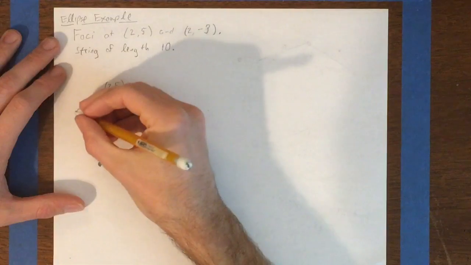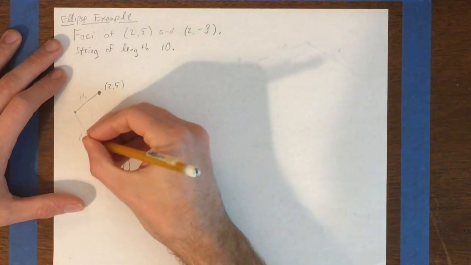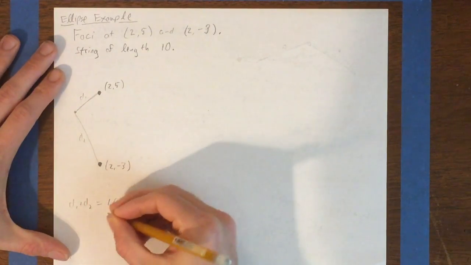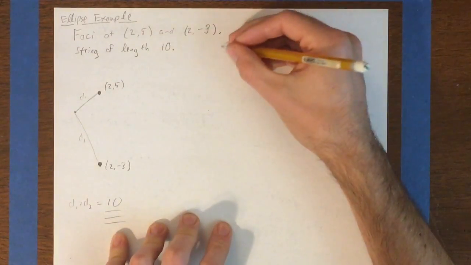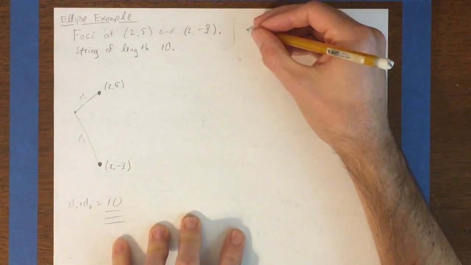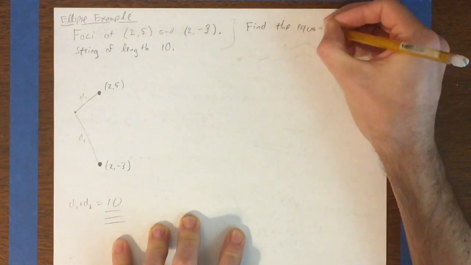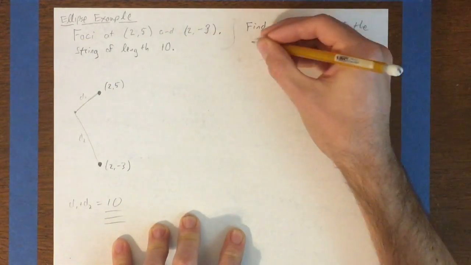I'm not really specifying what that is, but we're saying these d1 and d2, whatever they are, will always add up to 10. Okay? So now the question is, given this information, let's find the equation of the ellipse.